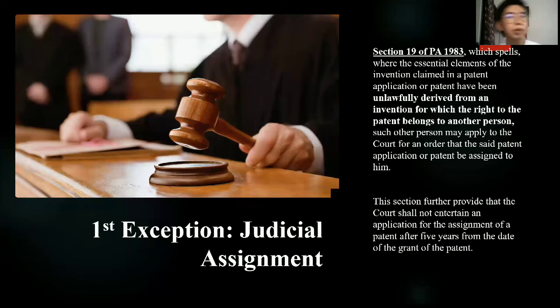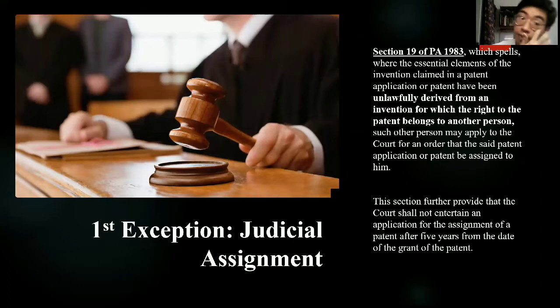But there are still several exceptions that apply, and the first exception is judicial assignment. According to section 19 of the Patent Act, if the essential element of the invention claimed in the patent is unlawfully derived from an invention for which the right to the patent belongs to another person, then the court shall make an order for the said patent to be assigned to him.